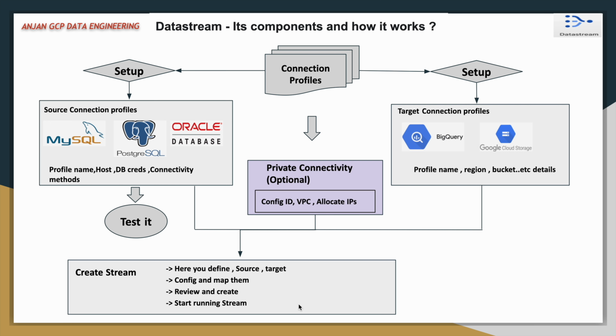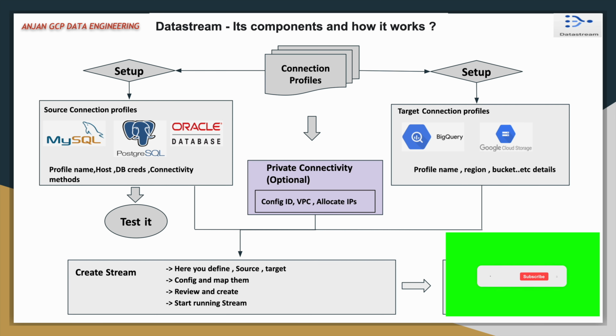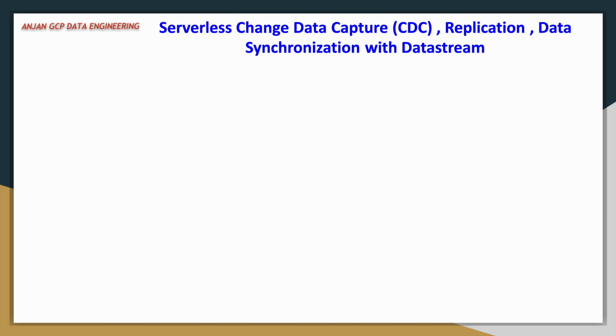Once your stream is running, you can go to your target. In case of BigQuery, you can go to BigQuery and check the availability of the data. In case of Google Cloud Storage, you can go to the bucket and check the availability of the data. These are the three important components of Datastream. I hope it is clear.